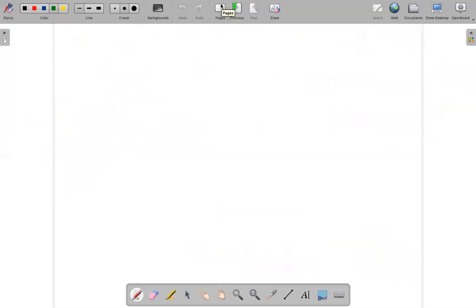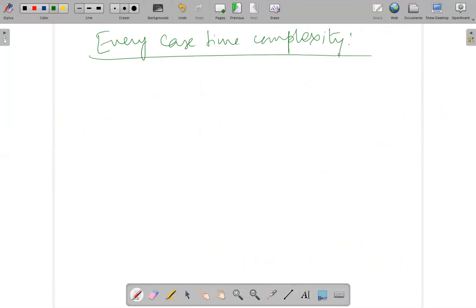Now the time complexity is simple. You can obtain an every-case time complexity. The outer loop goes n-1 times.